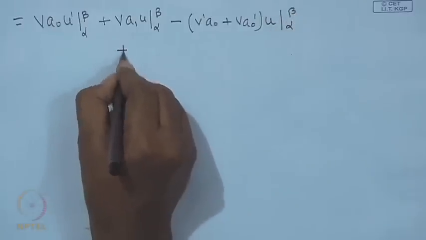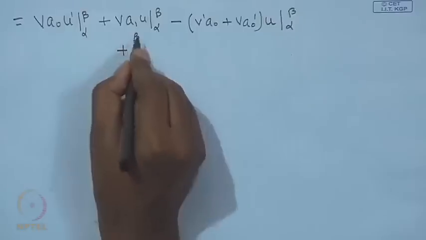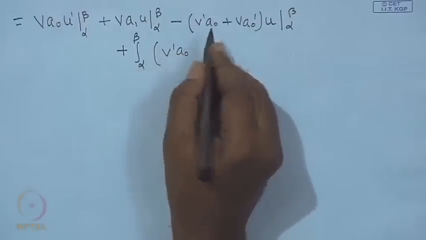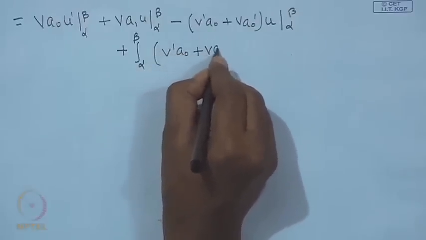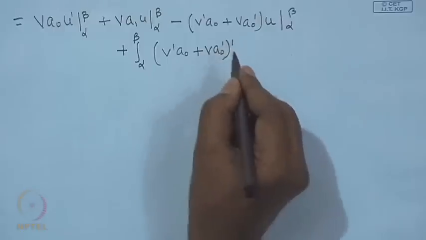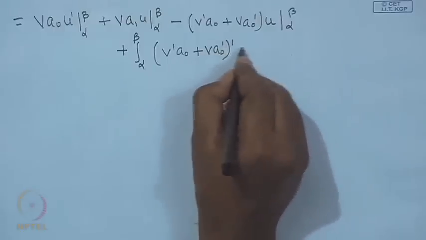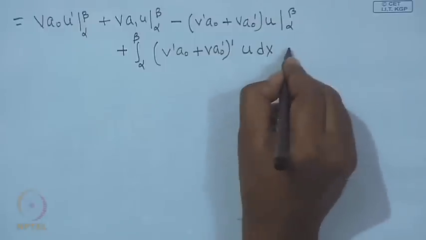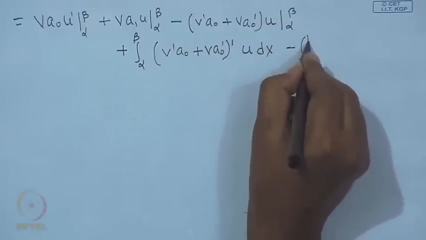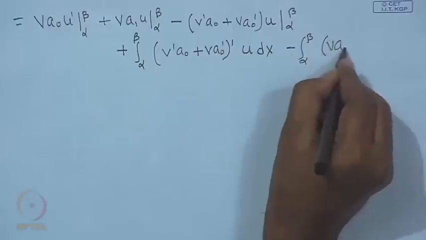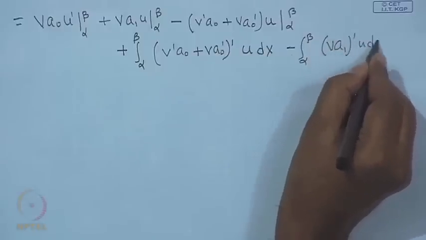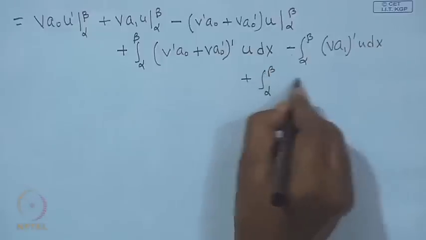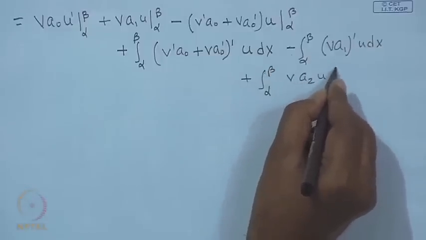So, it will be minus minus plus from alpha to beta, differential of the first function. So, v prime a 0 plus v a 0 prime, differential of the first function multiplied by the integration of the second function. Then we keep the other two terms alpha to beta v a 1 prime of that u times dx plus integration alpha to beta v a to u dx.